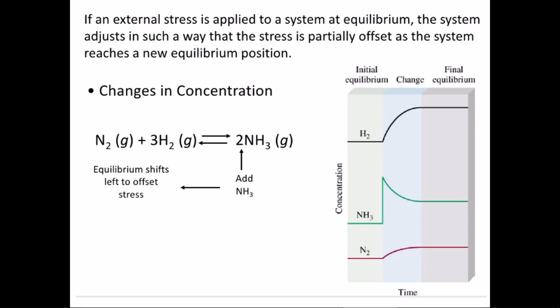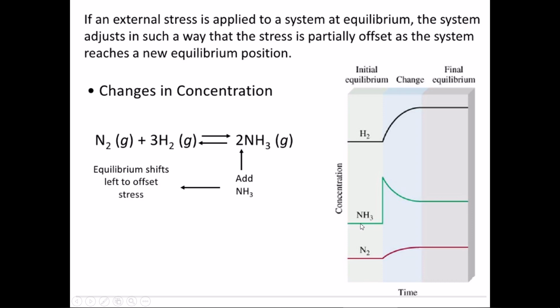Alright, we can see this also when we measure the concentrations. So in this reaction we have nitrogen and hydrogen gas creating ammonia gas. So when we start out, our reaction is at equilibrium. We can see the different concentrations of N2 and H2, which are our reactants, and our concentration of ammonia.